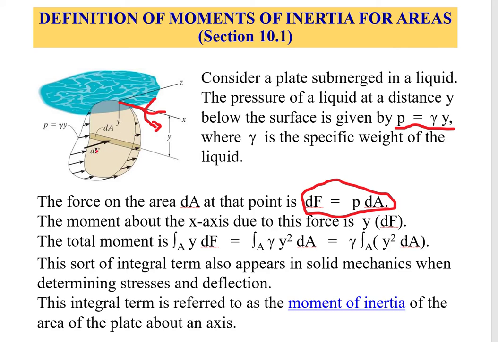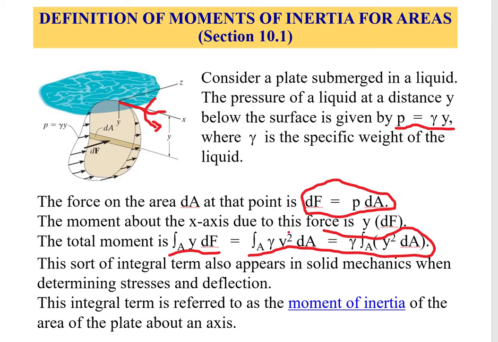Since we're talking about many fragments, we sum all these fragments over the area, or in the simplest way we define the integration, which is the integration of y dF over the area, right? And we substitute the value of dF, which is P dA, and P is gamma y, so we end up with the formula that describes the total moment about the x-axis.